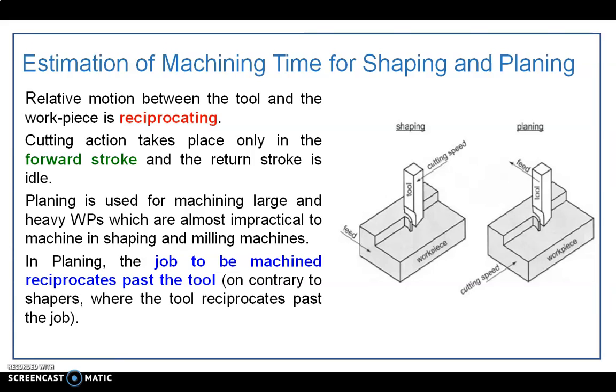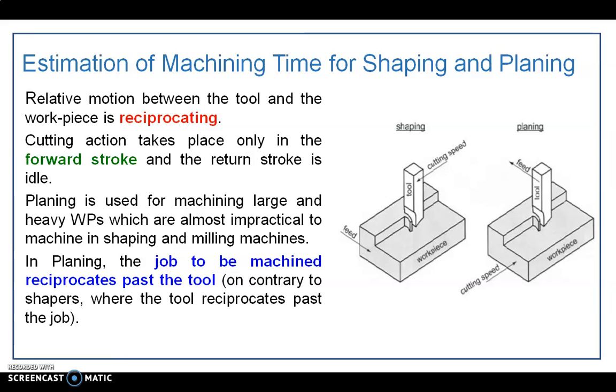In planing, the job to be machined reciprocates past the tool, contrary to the shaper, where the tool reciprocates past the job, as you can see from the figures given on the right side of the slide. The first one is shaper or shaping, where the tool reciprocates and the workpiece is given feed, whereas in planer the workpiece reciprocates and the feed is given by the workpiece and tool combination.